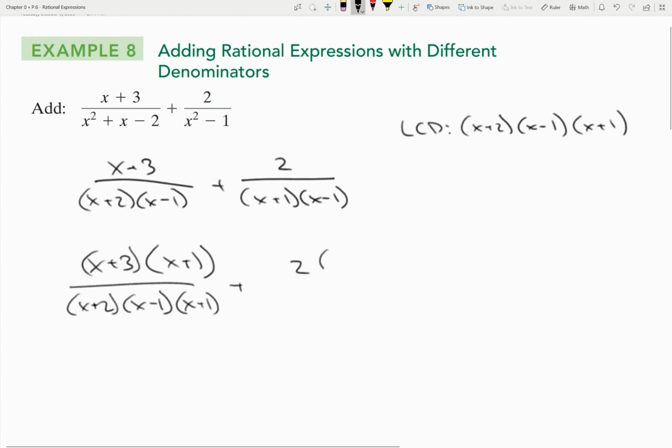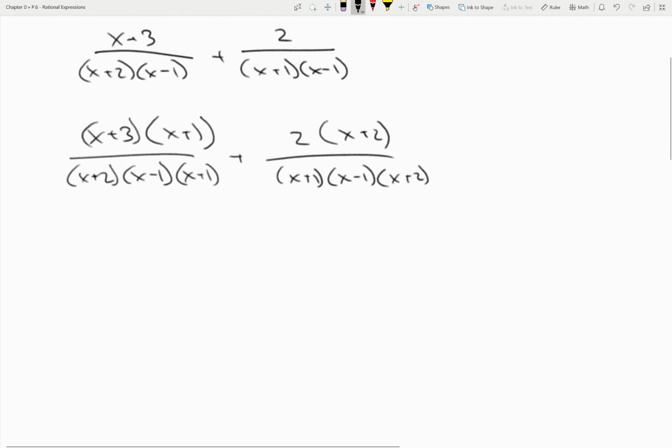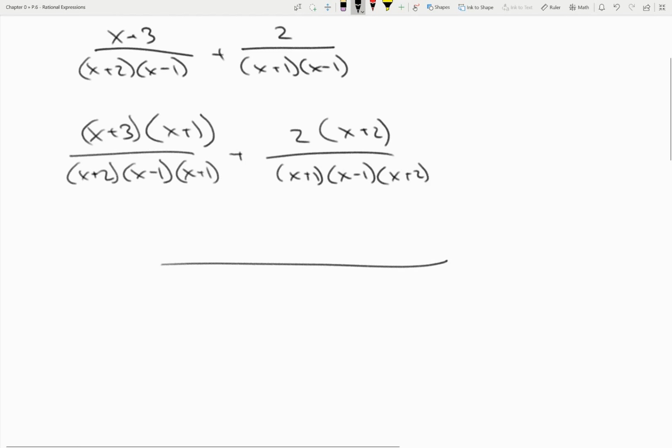Plus 2 times something: well, I have an x plus 1, I need an x plus 2 and an x minus 1. So the step you could have eliminated would have been this step right here. You could have just combined these at once.